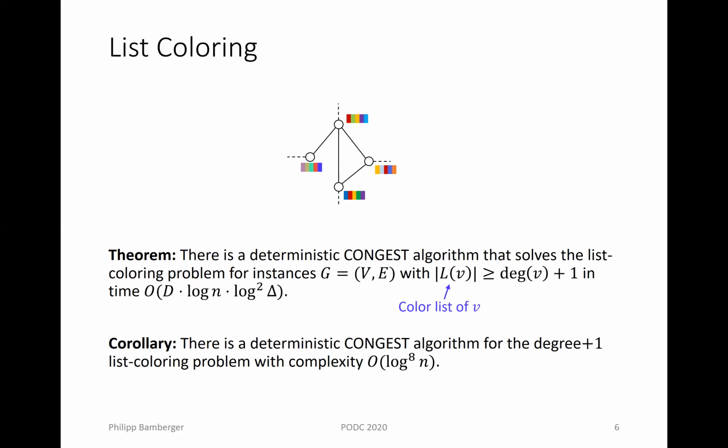For the rest of the talk, I want to give an overview of the proof of our main theorem. We use a de-randomization strategy where we start with a one-round randomized algorithm that makes good progress in expectation and apply the method of conditional expectation to deterministically fix a random seed that yields a good progress.